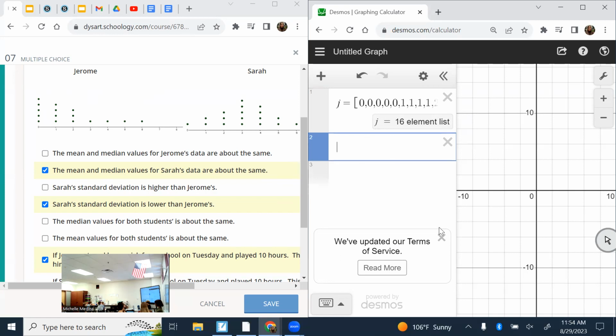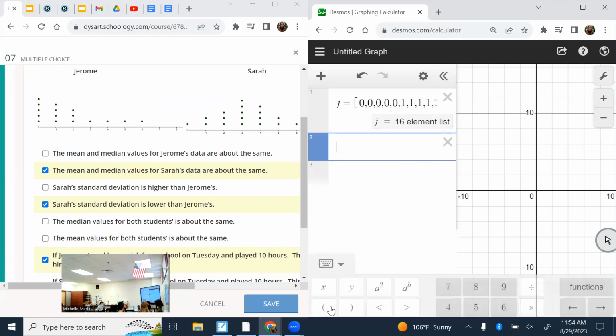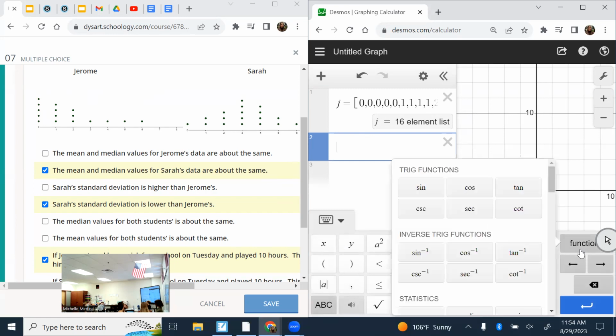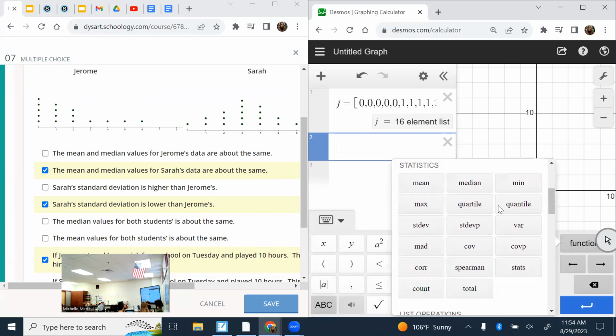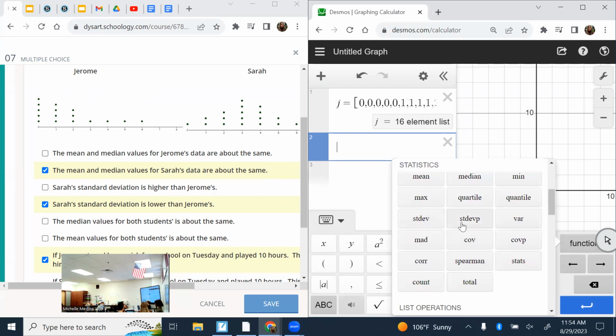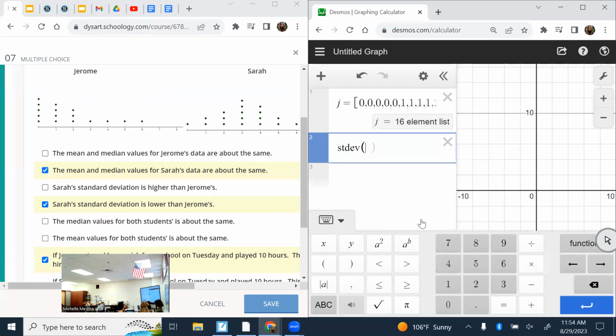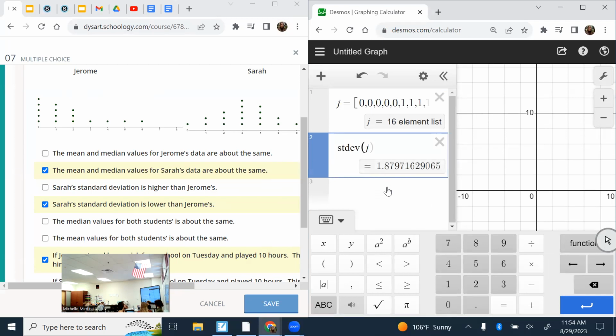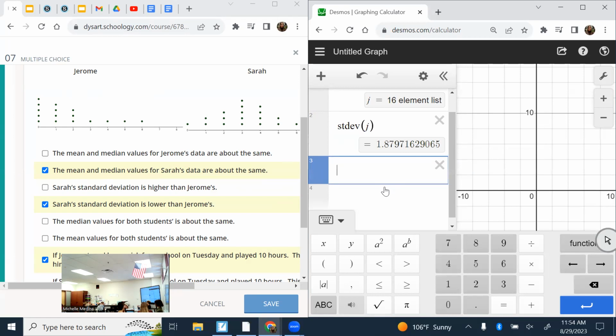I think the easiest way to find the standard deviation is through this little keypad menu. Go to functions, scroll to statistics. There's a few standard deviations. Just pick one, like I'll pick this one, and then I'll type in J for this data. So his is about 1.87-ish.